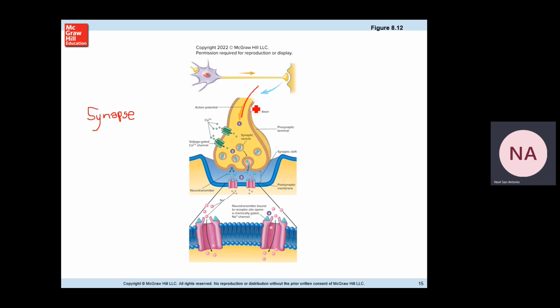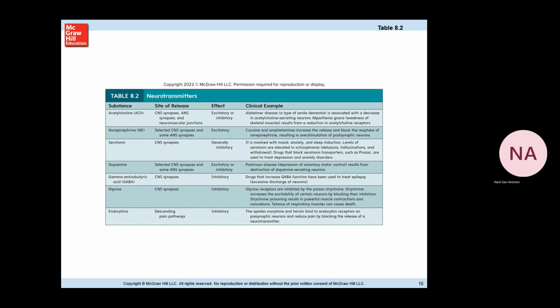It also has three main parts, if you will remember: the presynaptic terminal, the synaptic cleft, and the postsynaptic membrane. We already discussed all of these in our discussion of the neuromuscular junction in the muscular system, so it will still be included in our final exam.